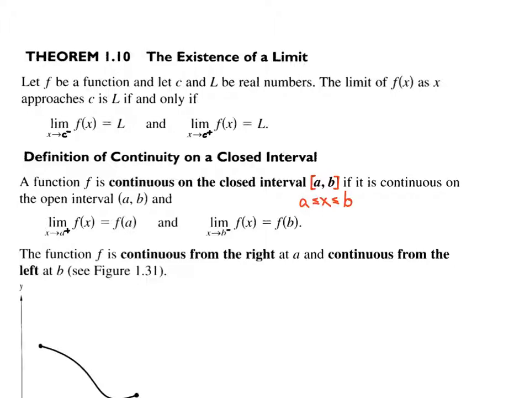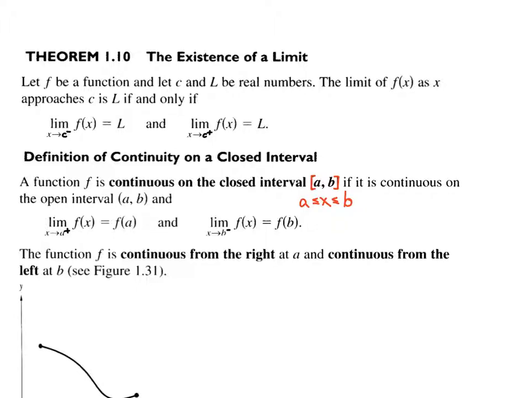And also it means that if these are correct, then the limit will approach L. So that's the if and only if. It means it works both ways. It's a biconditional. Alright? But what has to happen is the limit as x approaches c from the left of f of x has to be L, and the limit as x approaches c from the right of f of x has to be L.